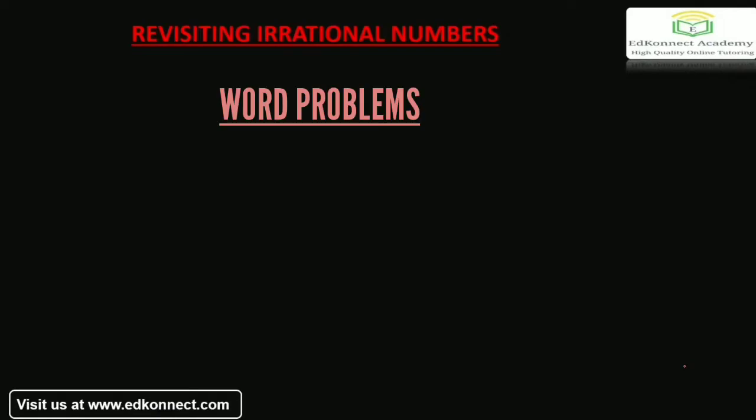The topic for the video is revisiting irrational numbers. So the first word problem is: show that 5 minus root 3 is irrational. In order to prove it as irrational, first we need to prove that root 3 is irrational.